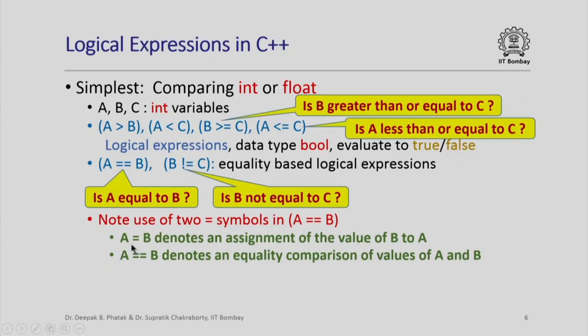So if I write a single equals, a equals b, I am denoting an assignment to the variable a of the value of the variable b. A equals b says compute the value of b and assign it to the variable a, whereas a double equals b means it is an equality comparison where I am comparing the values of a and b and asking if they are equal.